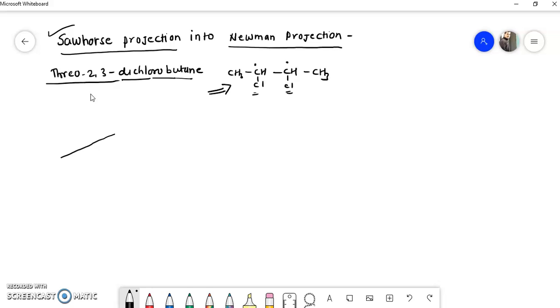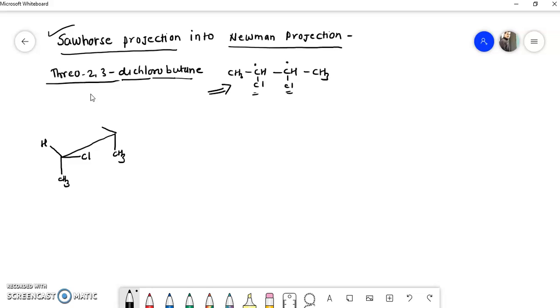Now as I said earlier, the hydrogen and chlorine are on horizontal lines, so I will draw like this. First of all draw CH3 and then we'll draw hydrogen and chlorine here. Now as this is threo, the chlorines are on opposite sides. So this CH3 will be on the same side, CH3, but chlorine and hydrogen are on opposite sides.